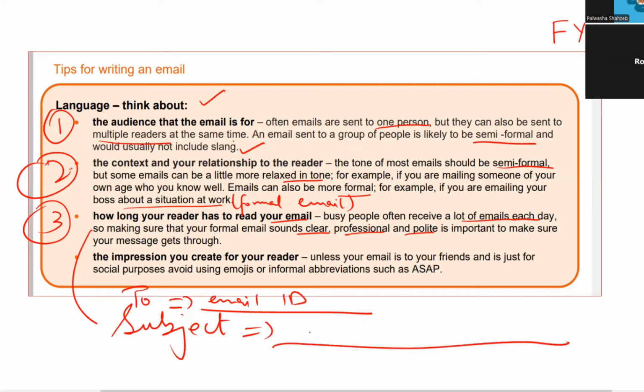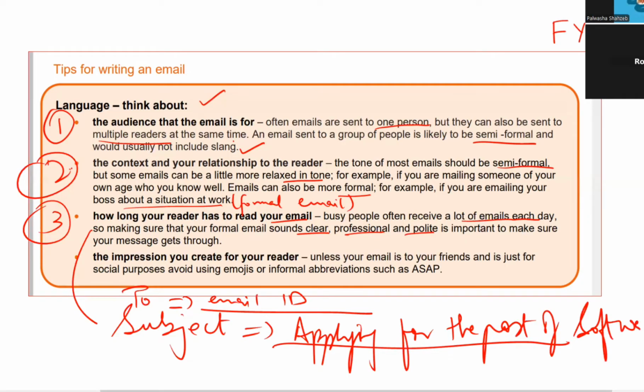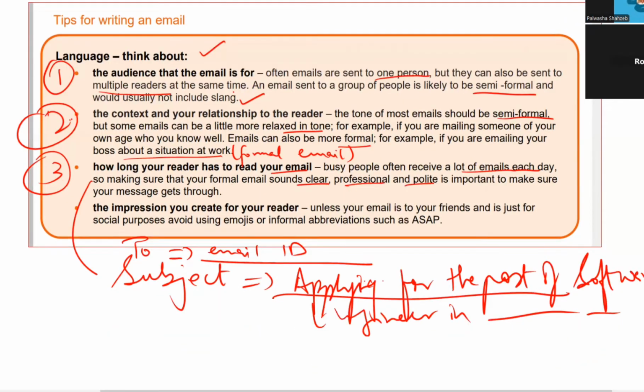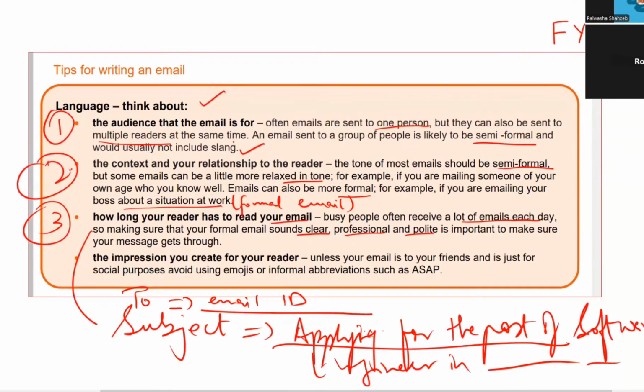Let's suppose I'm writing applying for the post of software engineer in a company, I'm going to write it like this. So this is going to clarify what subject your email is about. This is something very important. You need to mention the subject.